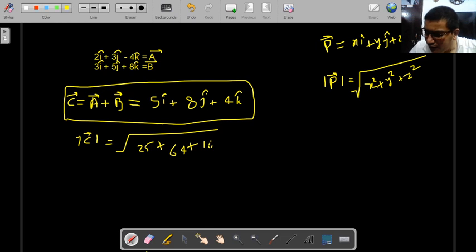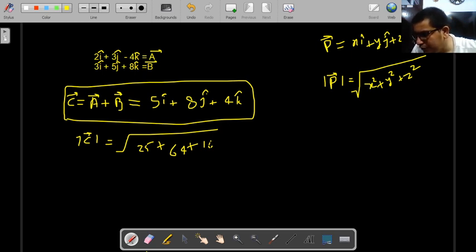Now you can just add all these terms, 25 plus 64 plus 16, which becomes 105, and just take the root of this value.